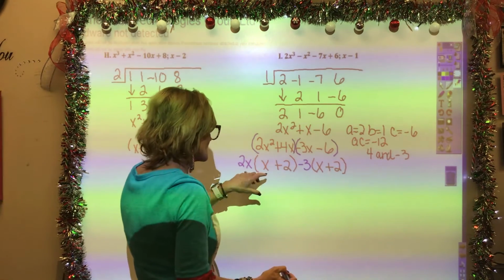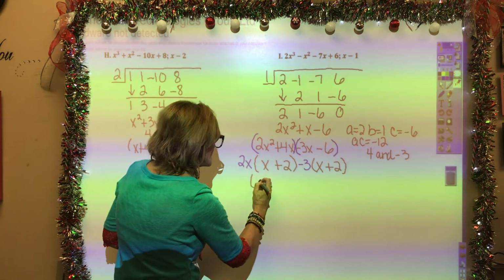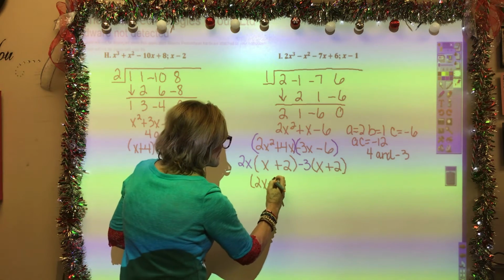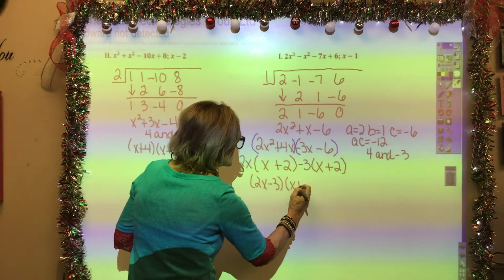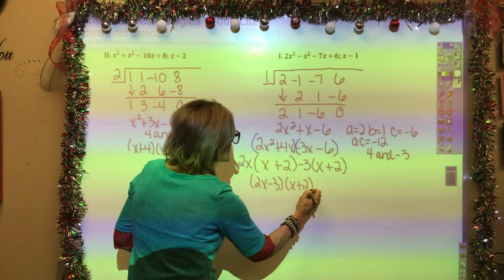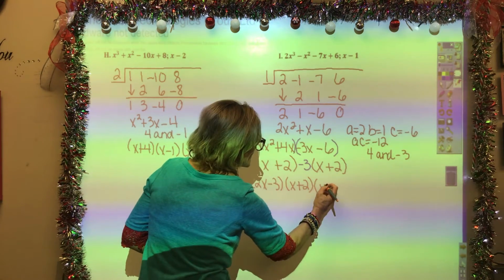So hopefully you can see our factors are going to be 2x minus 3, x plus 2, and our initial factor of x minus 1.